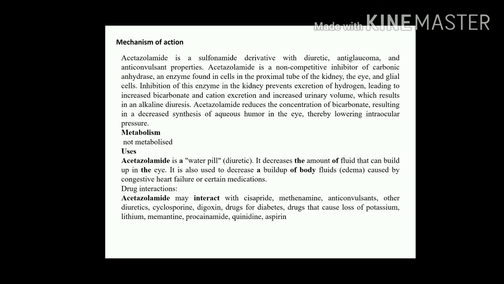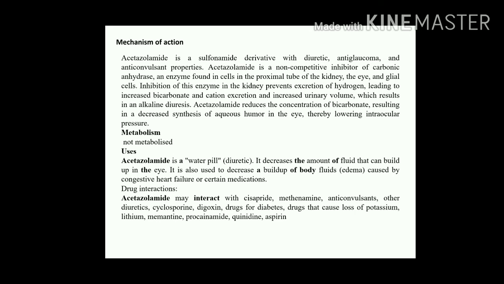First, it's a non-competitive inhibitor of carbonic anhydrase, an enzyme found in cells of the proximal tubule of the kidney, eyes and glial cells. Inhibition of this enzyme in the kidney prevents the excretion of hydrogen, leading to increased bicarbonate and cation excretion and increased urine volume, finally resulting in alkaline diuresis.